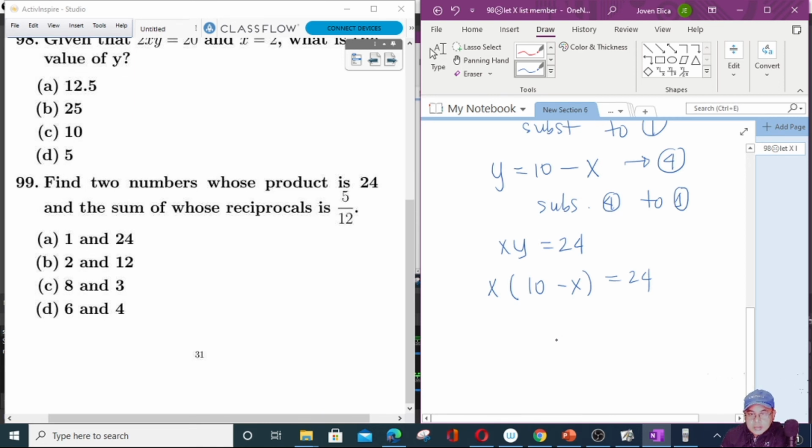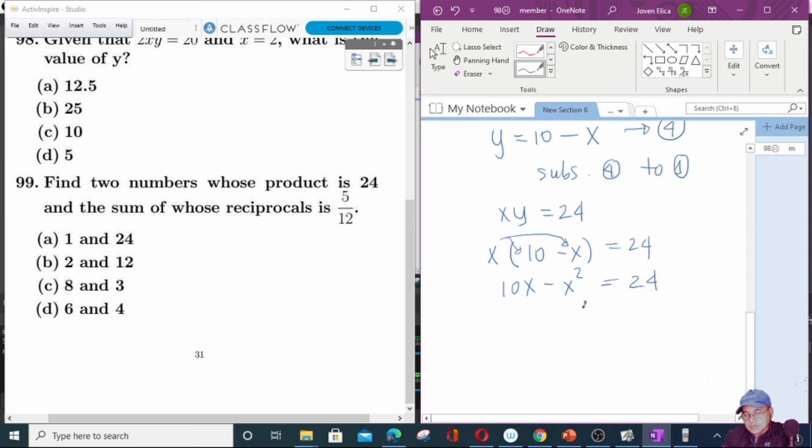And then let us distribute. So this is 10x minus x squared equals 24, and equate this to 0 to get the value of x. So this is a quadratic equation.